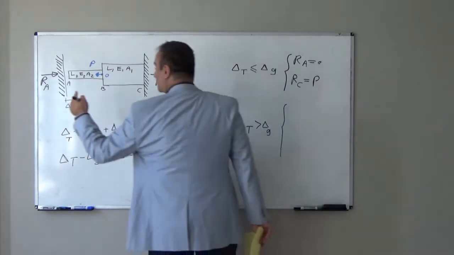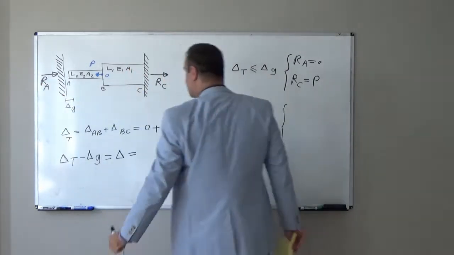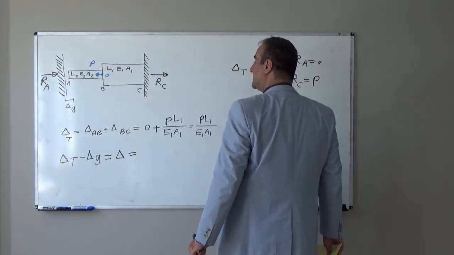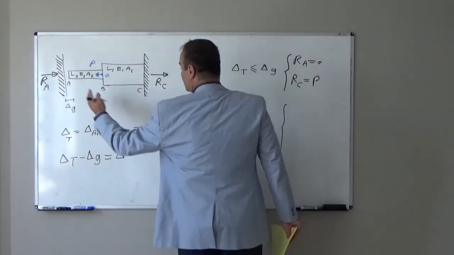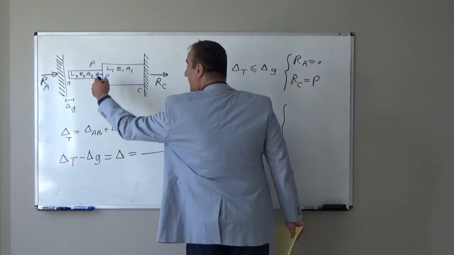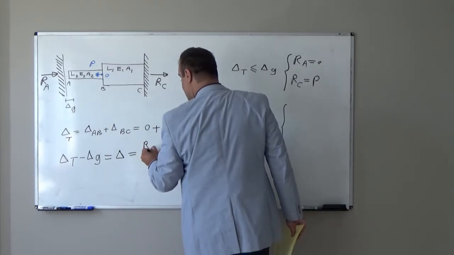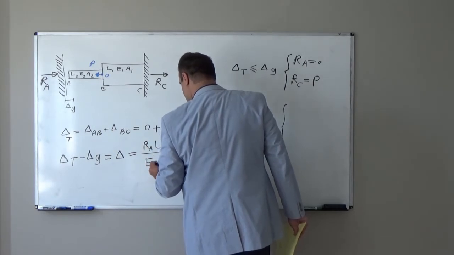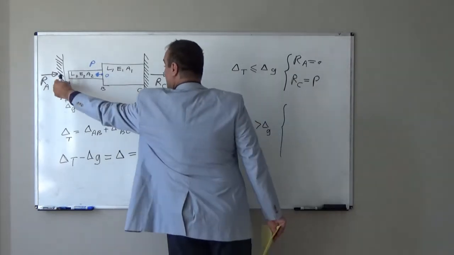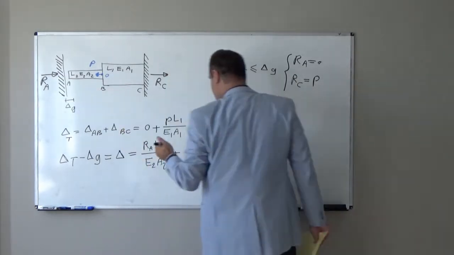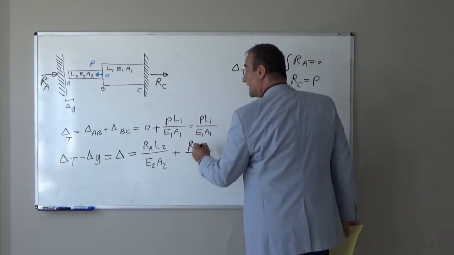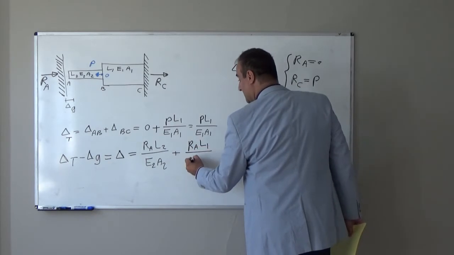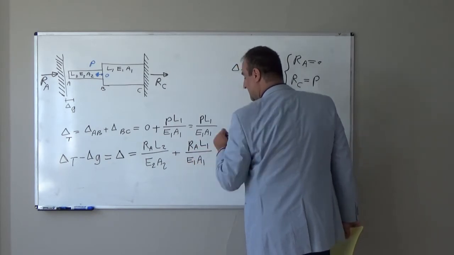We assume it is the unknown reaction RA. How can we calculate that unknown reaction RA? Unknown reaction RA will cause deformation in the inverse direction. In part 2 it is equal to RA times L2 over E2 A2, plus this RA will transfer to part BC, so it will be RA times L1 divided by E1 A1.